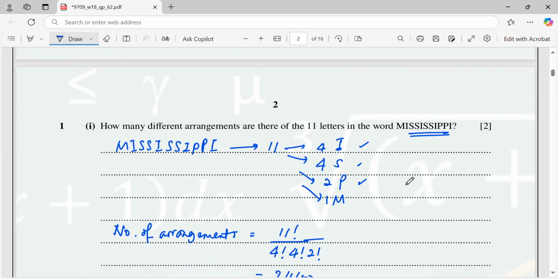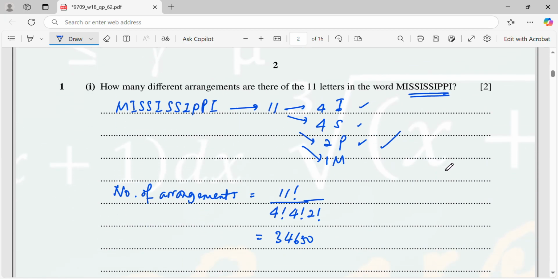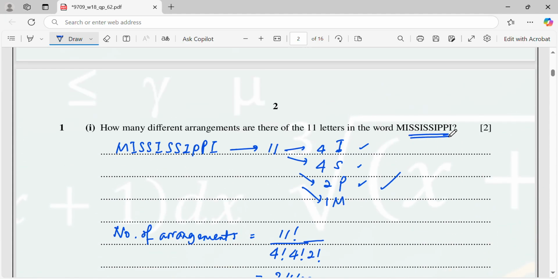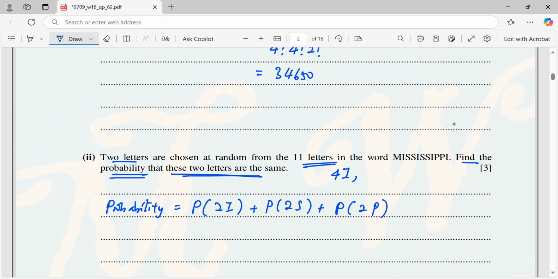So according to the previous listing here, I have 4 I, 4 S, 2 P, and 1 M. Okay, total 11 letters.